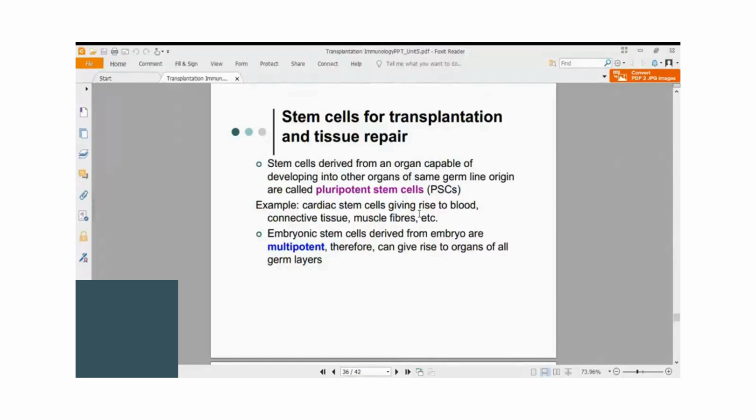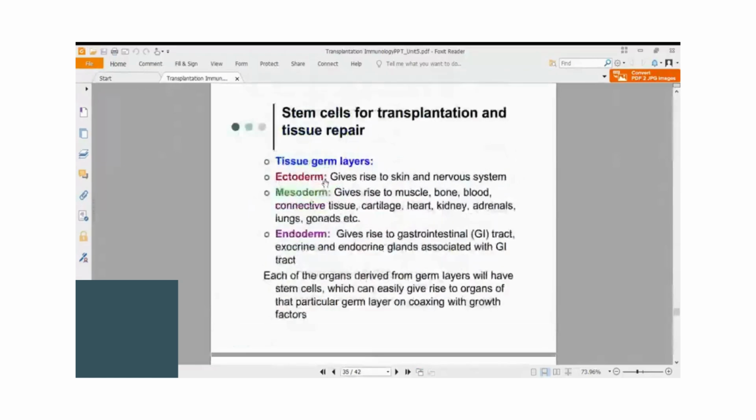Whereas the adult stem cells are obtained from an organ, and that organ might have been derived from any one of these three germ layers. That particular adult stem cell has the tendency to grow easily into that particular germ layer organ.